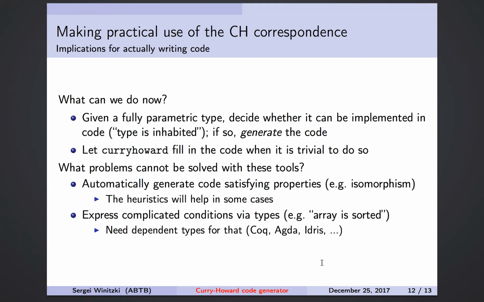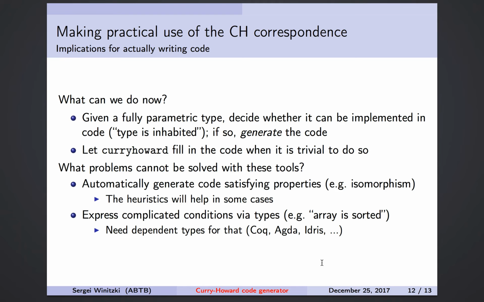It will fill in your code when it is trivial in the mathematical sense. It is obvious and trivial, and there is only one way of doing it, then it can be done automatically. So in the language of type theory, they say type is inhabited when there is an implementation of a function of that type. So whenever types are inhabited, they can be inhabited automatically.